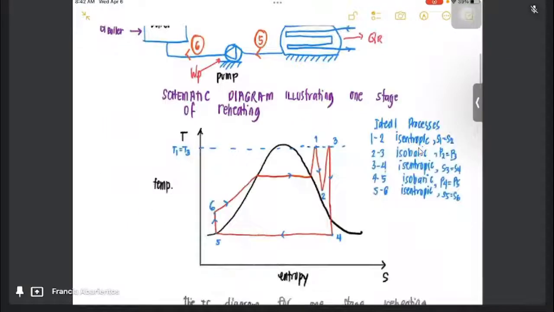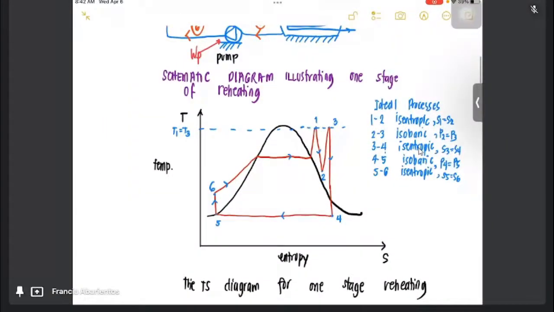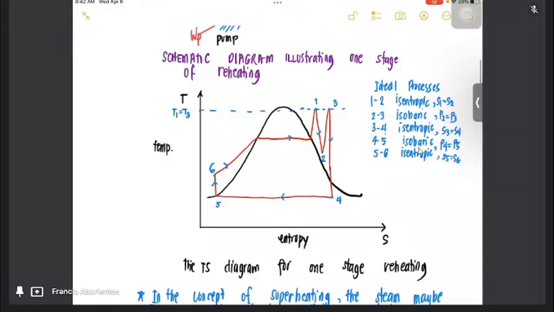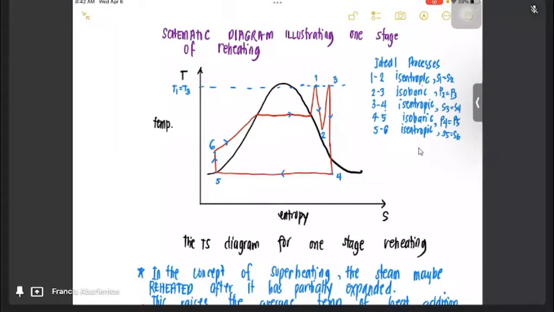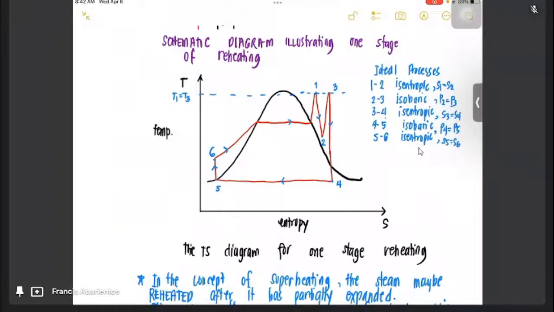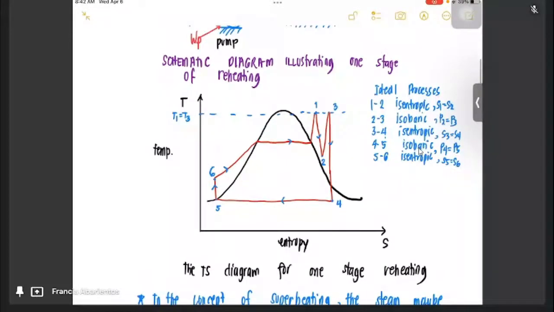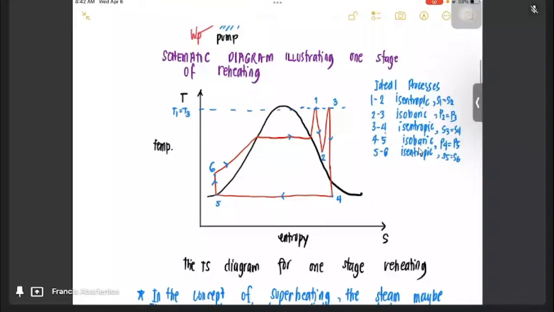Okay. So, here is an example of a schematic diagram. I mean, the T-S diagram of a simple one-stage reheating. Take note, if the problem involves, so from process 6 to 1, dyan nangyayari yung boiler natin.